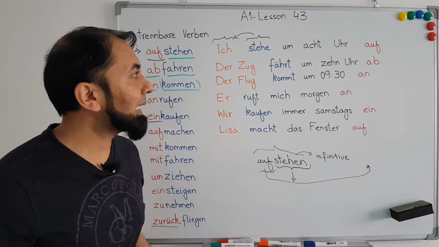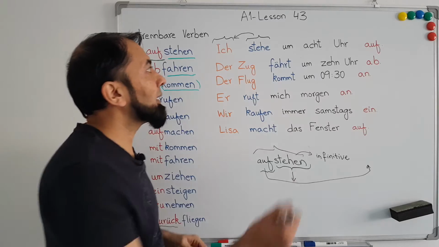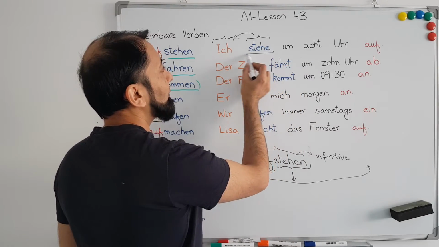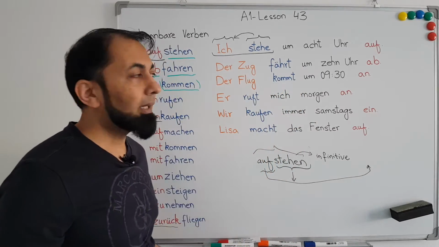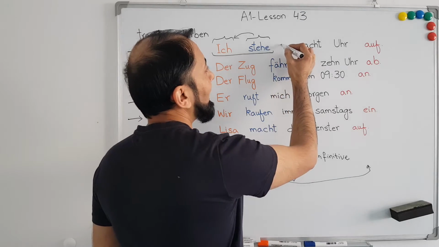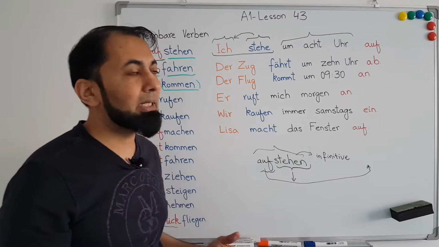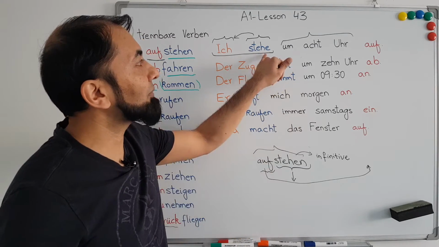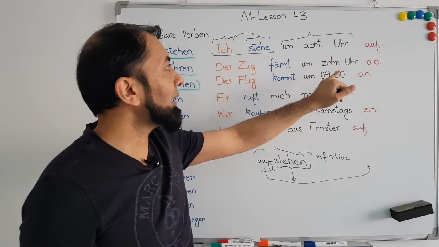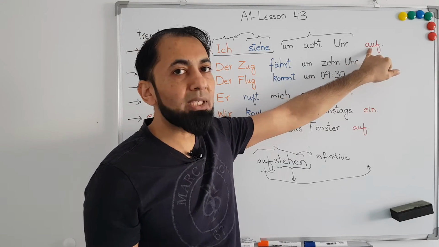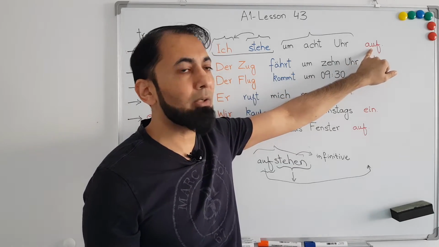I get up at 8 o'clock. Until this part we have already learned. Now at 8 o'clock or at 7 o'clock or 6 o'clock, whatever the time is, that will come after the conjugation of the verb, and this prefix will come at the last position of the sentence.